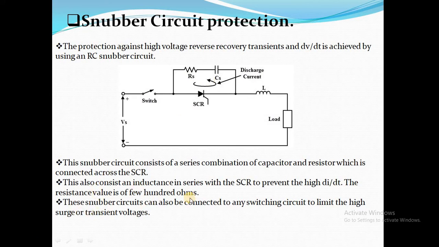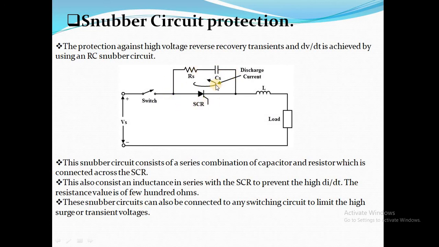Next, the circuit also consists of an inductor, which is in series with the load and SCR. When the supply Vs is turned on, the current starts flowing. If this switch is closed, the current gets two paths: it flows through the capacitor and also through the SCR.